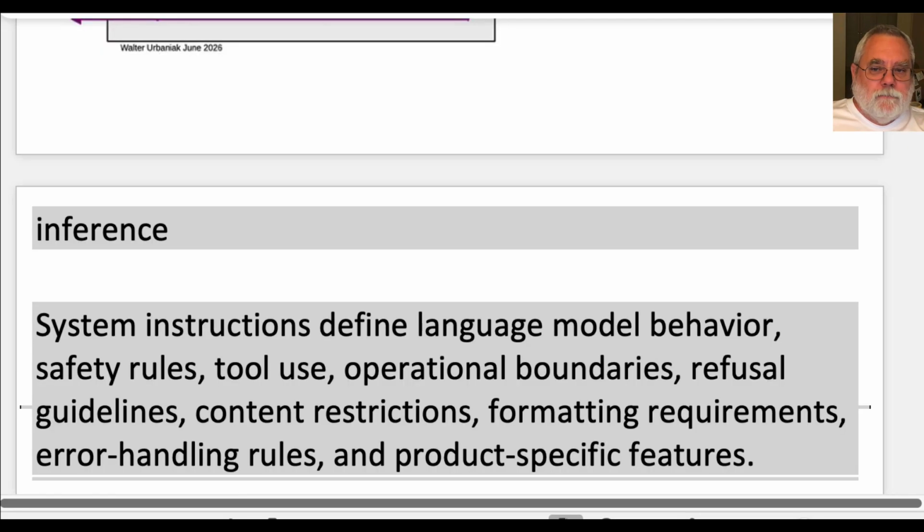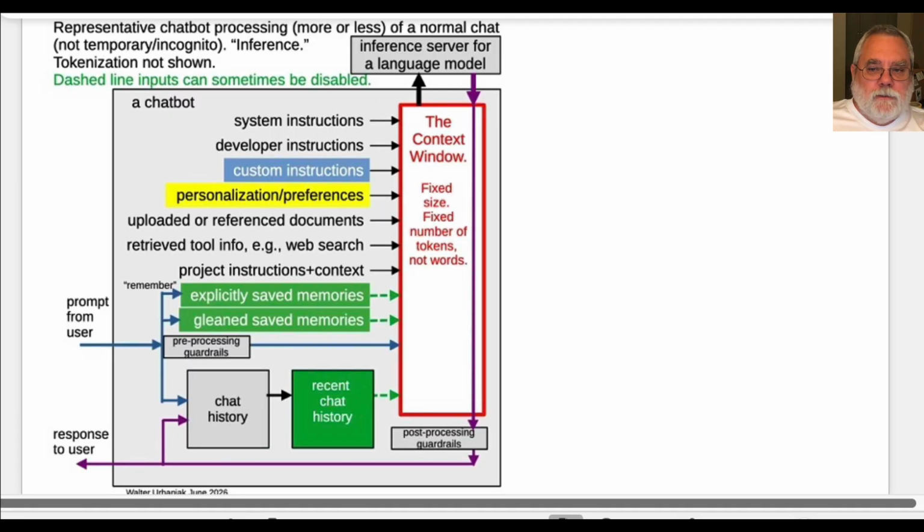System instructions define language model behavior, safety rules, tool use, operational boundaries, refusal guidelines, content restrictions, formatting requirements, error handling rules, and product-specific features. The system instructions are hidden from the user, are not published, and are not meant to be discoverable. If your prompt attempts to remove, undermine, or expose the system instructions, that is called jailbreaking.